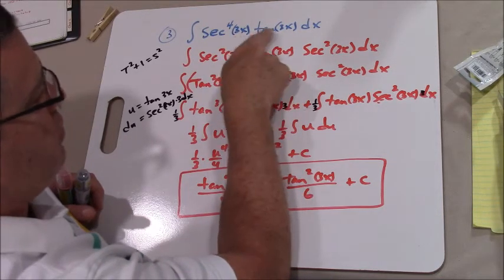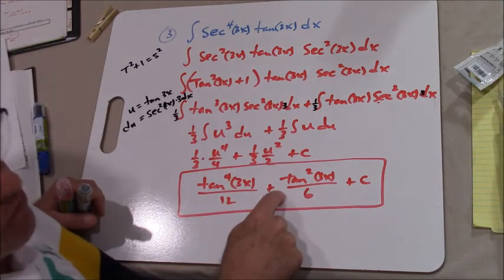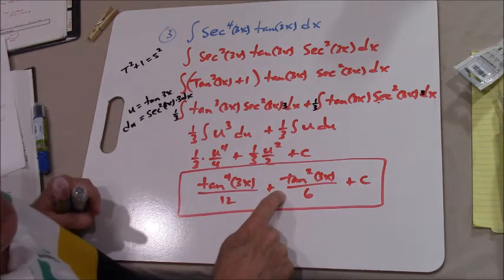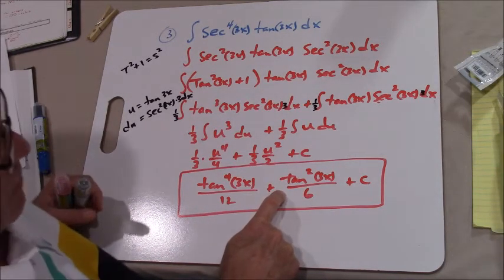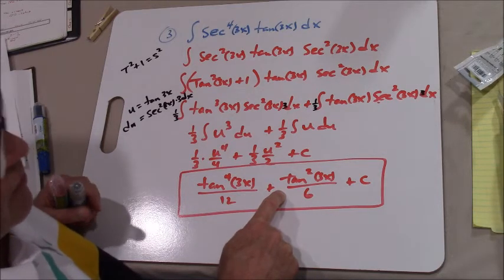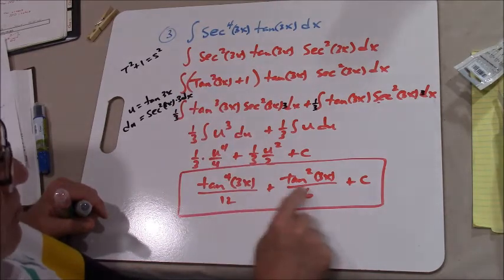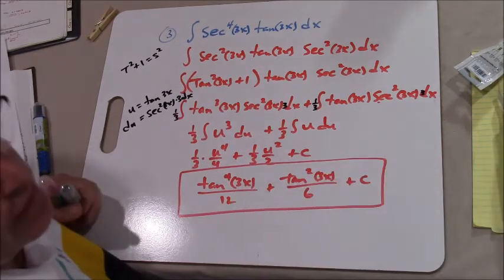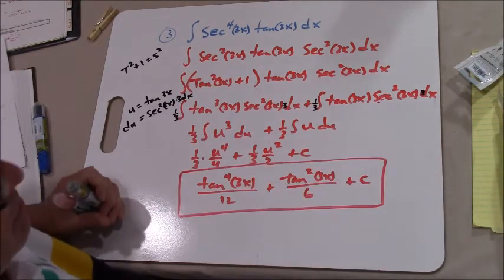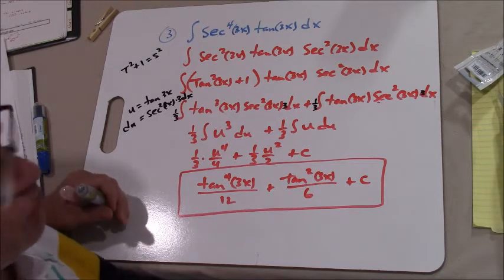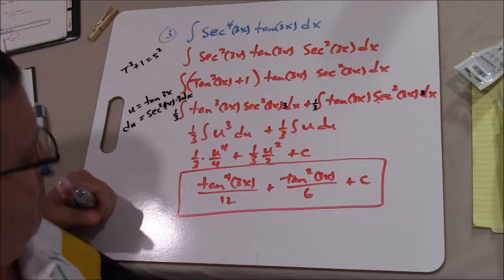So you could have gone a different route and got an answer that's different than this, and it would be equally correct. Okay, it would not be wrong. So once in a while, you might go one way, but maybe the book goes a different way, so you go and check your answer in the back of the book, and it looks different, and you feel like you made a mistake, but you could have done everything exactly right.